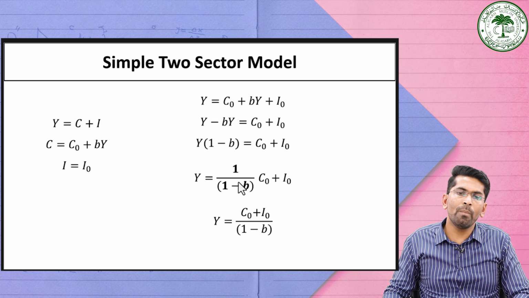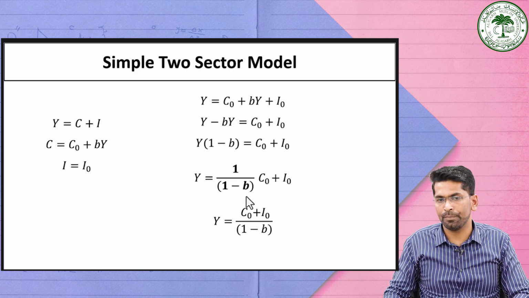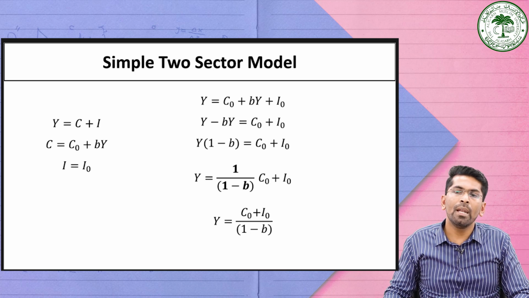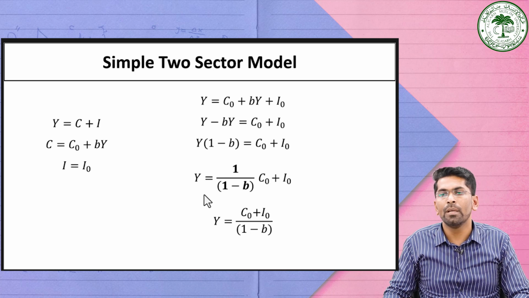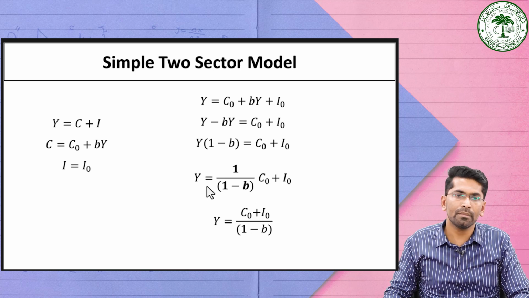This 1 by 1 minus b is considered as the multiplier. It indicates that a change in autonomous spending, that is consumption or investment, will have a multiple effect on the equilibrium level of income. So if MPC, that is b, has a larger value, then the multiplier will be very high.